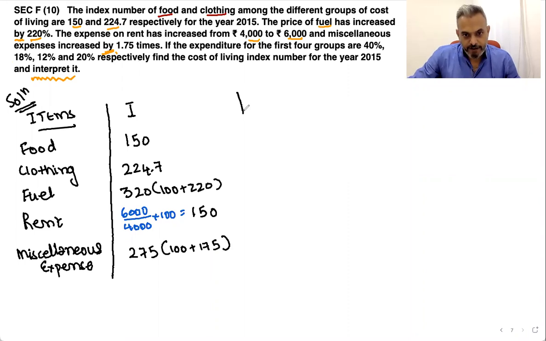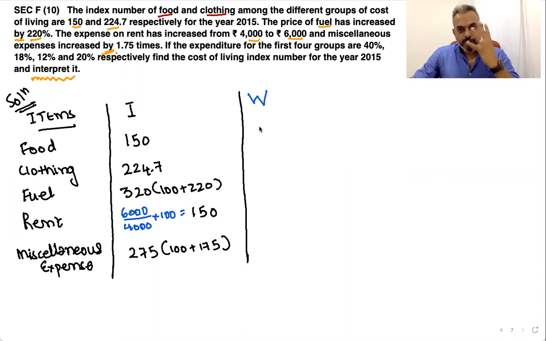So this is our index. Let's write the weights. If the expenditure of first four groups are 40, 18, 12, 20.